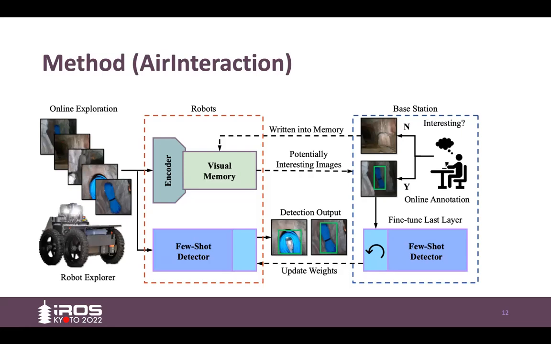The human operator on the right side should give feedback stating whether the image is interesting or not interesting. When the human operator thinks the image is interesting, the operator draws the bounding box of the specific objects in the scene, and the labels and annotations of that image are fed into the few-shot object detector to fine-tune the last layer.